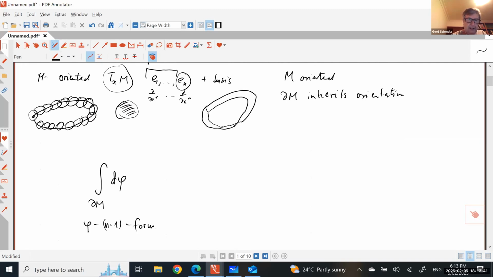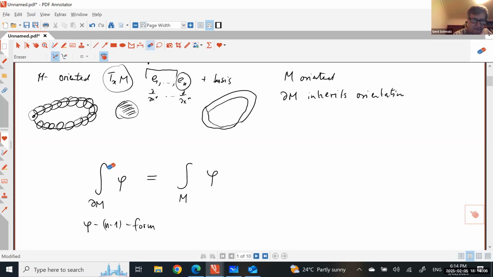If we take this exterior derivative, then d phi is obviously an n form, and that is actually the same as the integral over M itself. No, what am I saying?